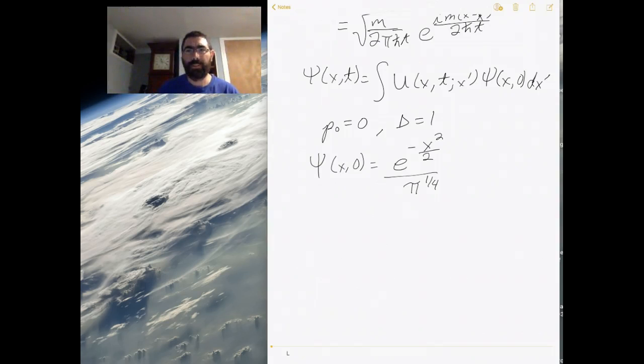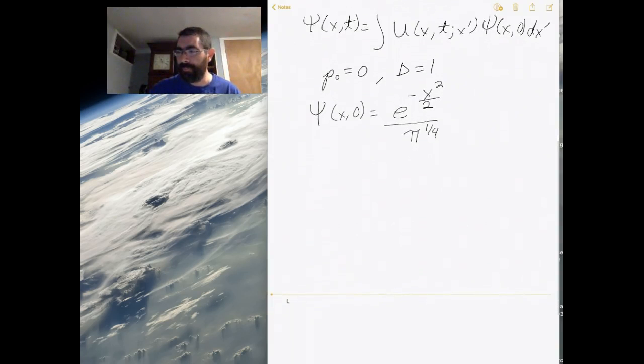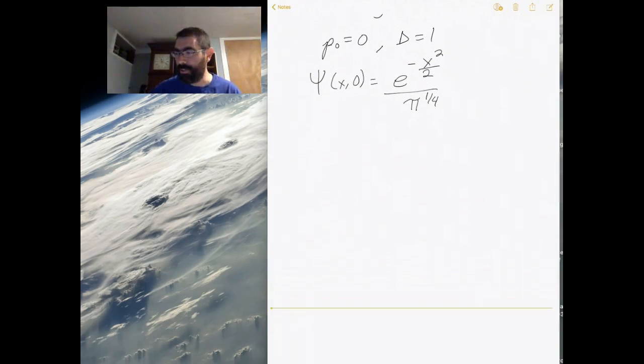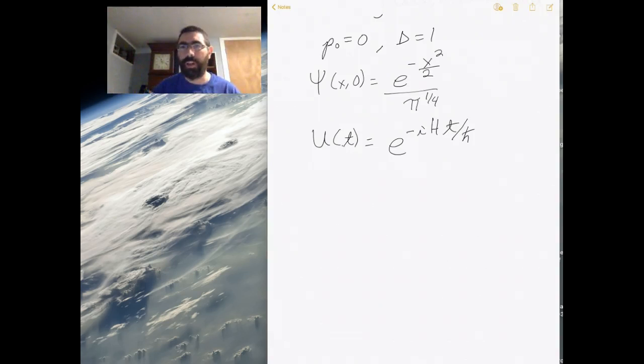And so what we want to do now is apply another propagator. This propagator, U of t, will be e to the minus i times the Hamiltonian operator times t divided by h bar, where this is still the free particle Hamiltonian.